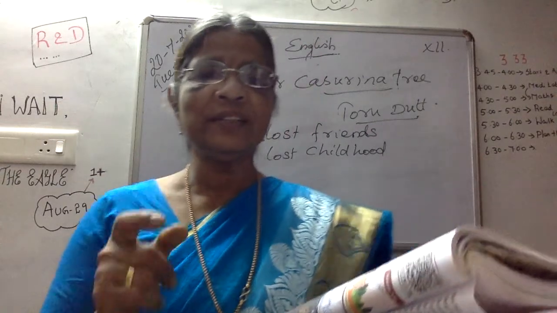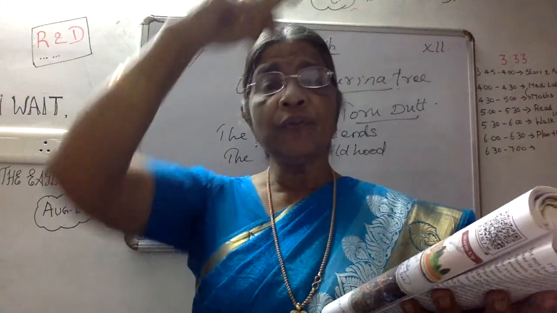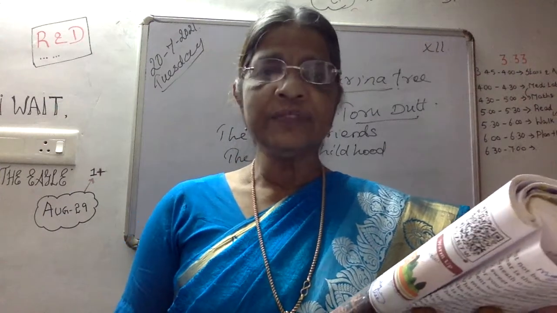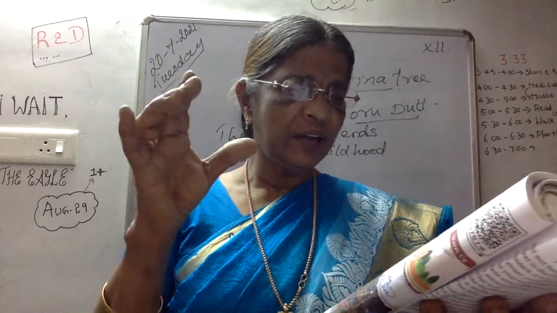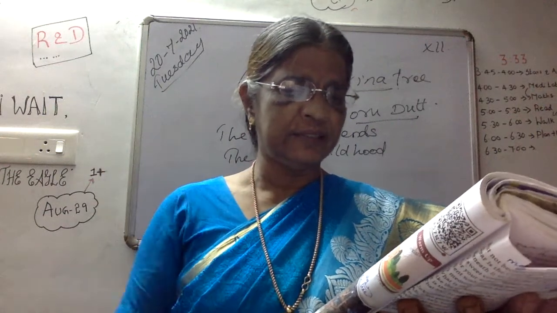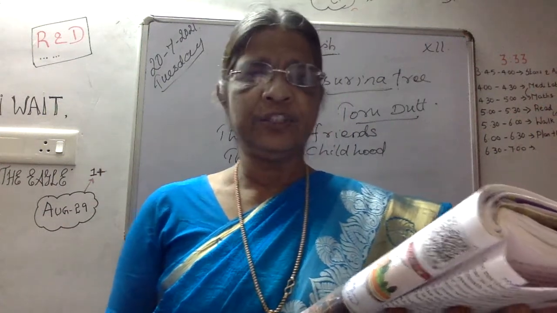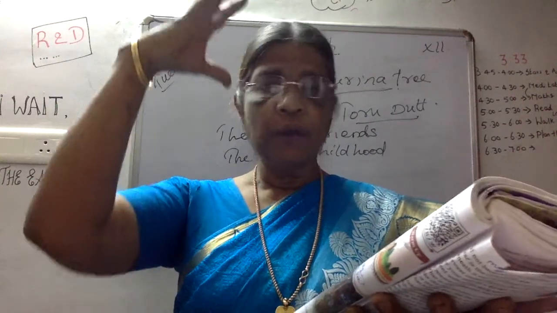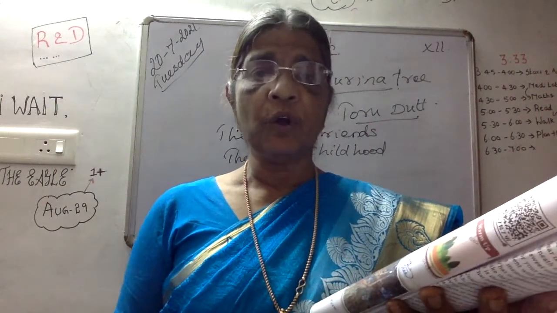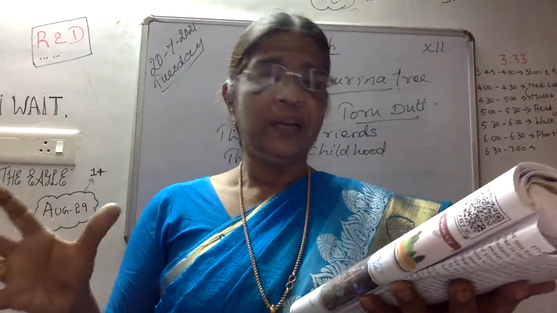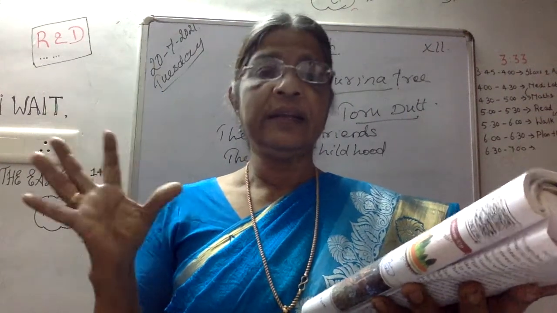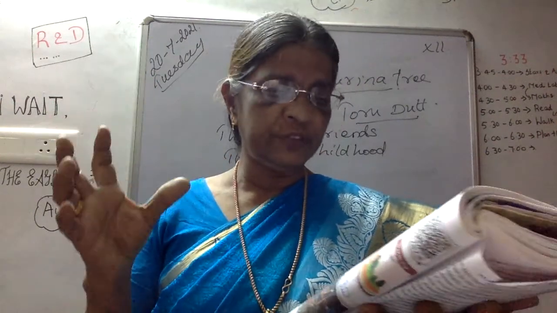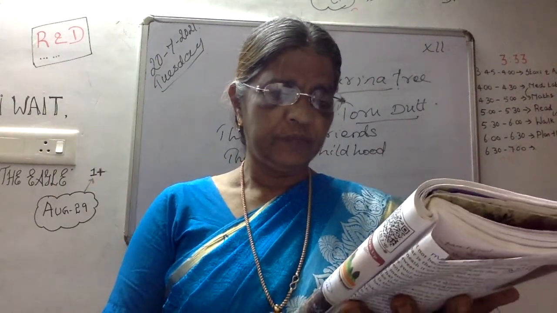The author Toru Dutt says that the giant has a scarf all through its body. What is that scarf? She says, flowers are hung in crimson clusters. Crimson is a reddish orange color. All through the boughs of the tree, flowers are hanging. The color of the flower is crimson, reddish orange.